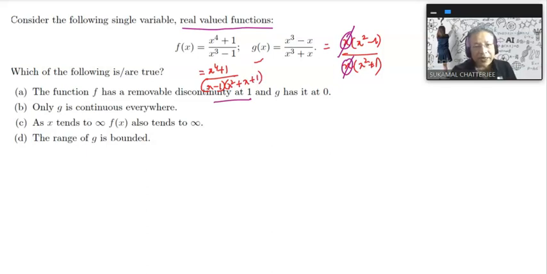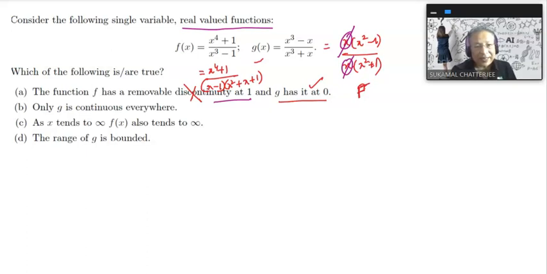So x minus 1 is a discontinuity for f(x), but it's not removable because there is no factor of x minus 1 in the numerator, so I cannot cancel it out. So this statement is incorrect. G has it at x equal to 0, which is correct. But the first part is incorrect, so this statement is false.